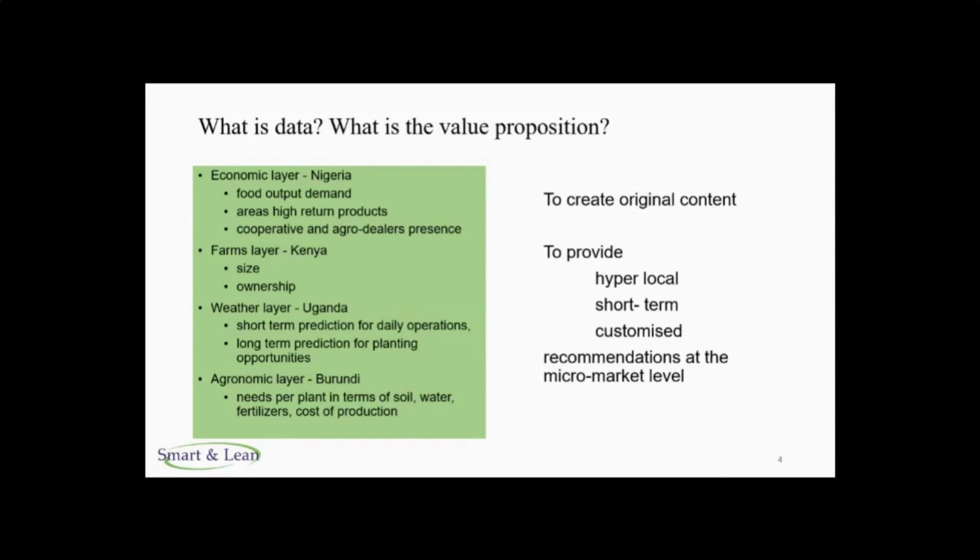The fourth layer, agronomic layer from Burundi, about soil, about water, about fertilizers, cost of the production. Aren't they quite important for agriculture? Aren't they?